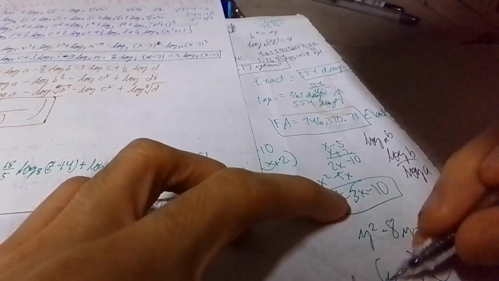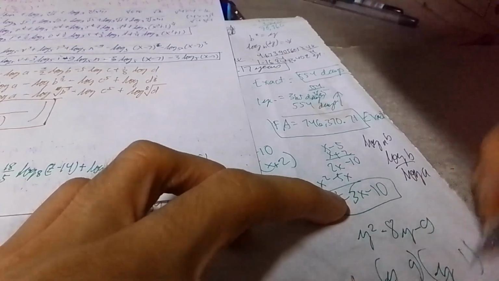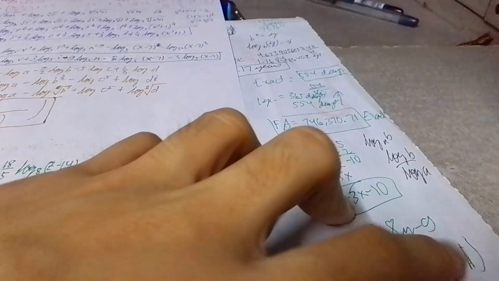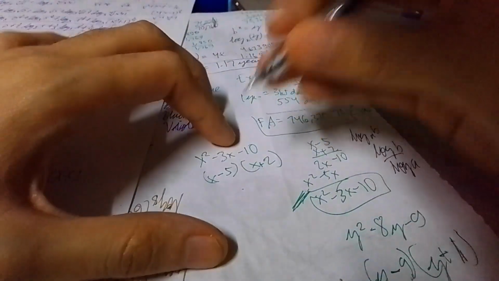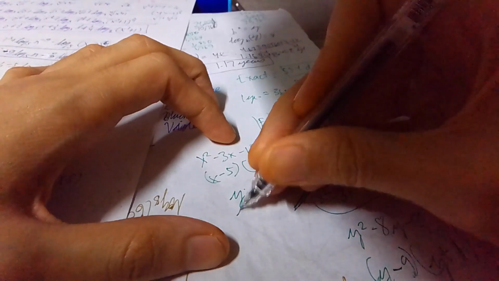What two numbers multiply together to give you negative 9 and add to give you negative 8? That's supposed to be it. Now double check to see if you got the right answer. So y minus 9, y plus 1. This becomes negative 9, y, 1y, negative 9y, and then y squared. Add them all up. Yes, correct.